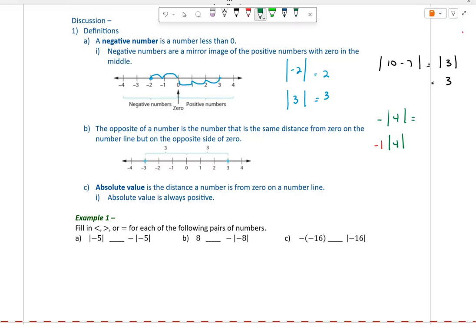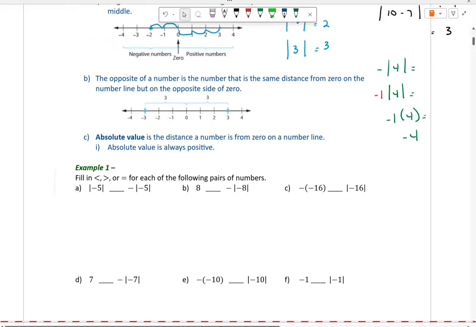Because we said a while ago, if there's not a number in front of a variable, it's understood to be 1, right? That works with absolute values, with parentheses, with brackets, with everything else too. If there's not a number there, it's understood to be 1. And so when you work this out, you'd have negative 1, I'm going to put parentheses. So we took the absolute value of 4, got positive 4, right? So you get a negative 4 for that expression, but the absolute value is not negative just because the negative was on the outside of it. Does that make sense?